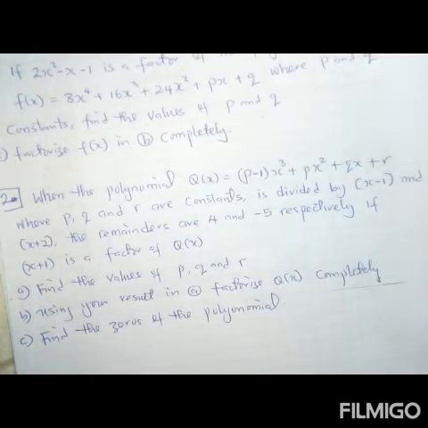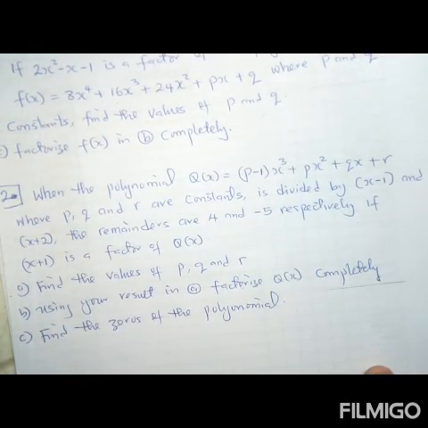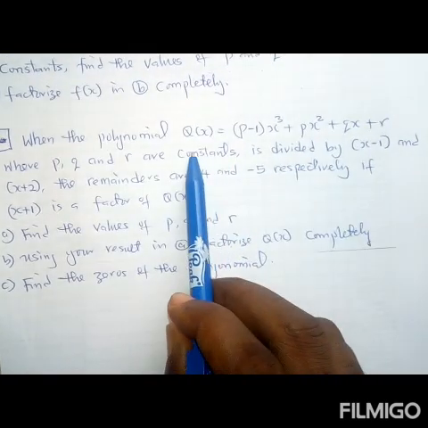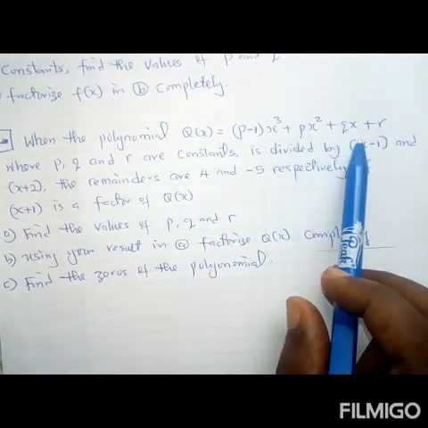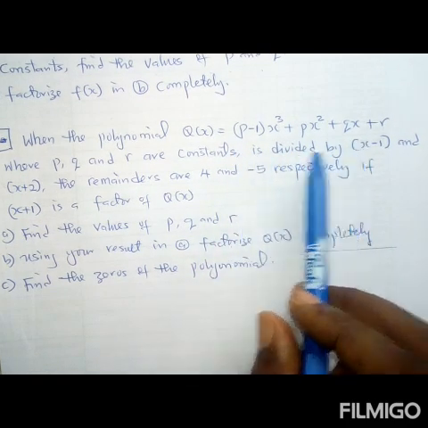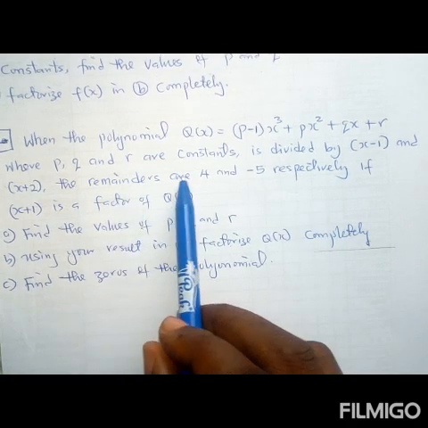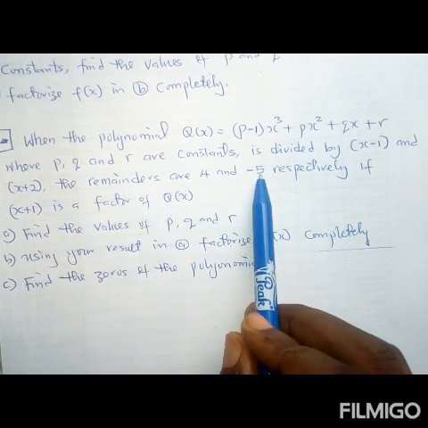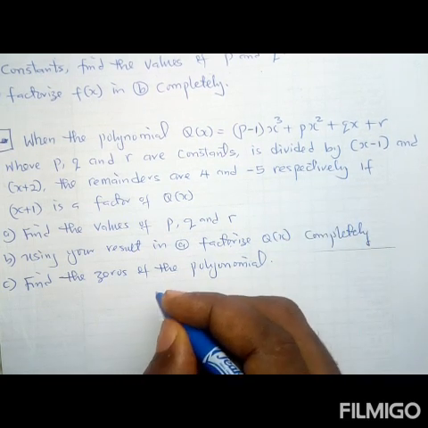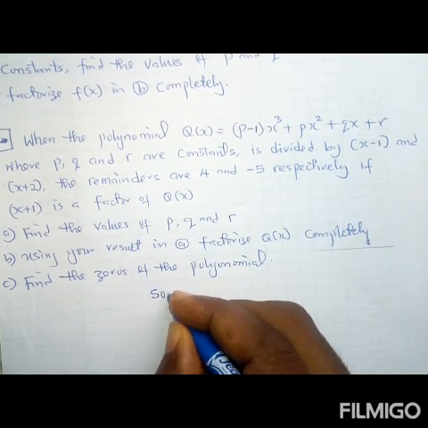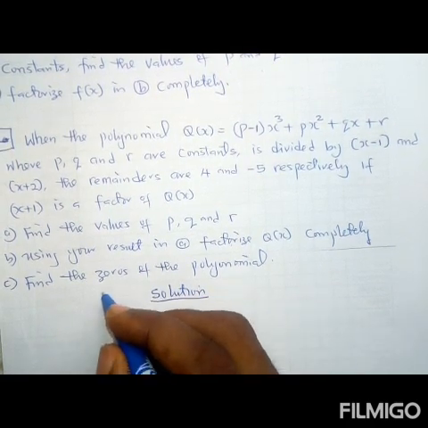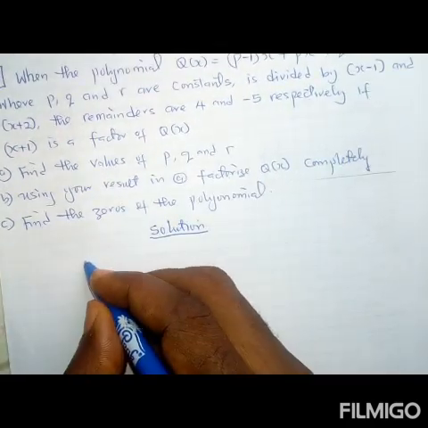So solving number 2 using those theorems, this is the polynomial and is divided by this and this. The remainders are 4 and minus 5 respectively. So what you do in solving this, you first bring the polynomial function out.